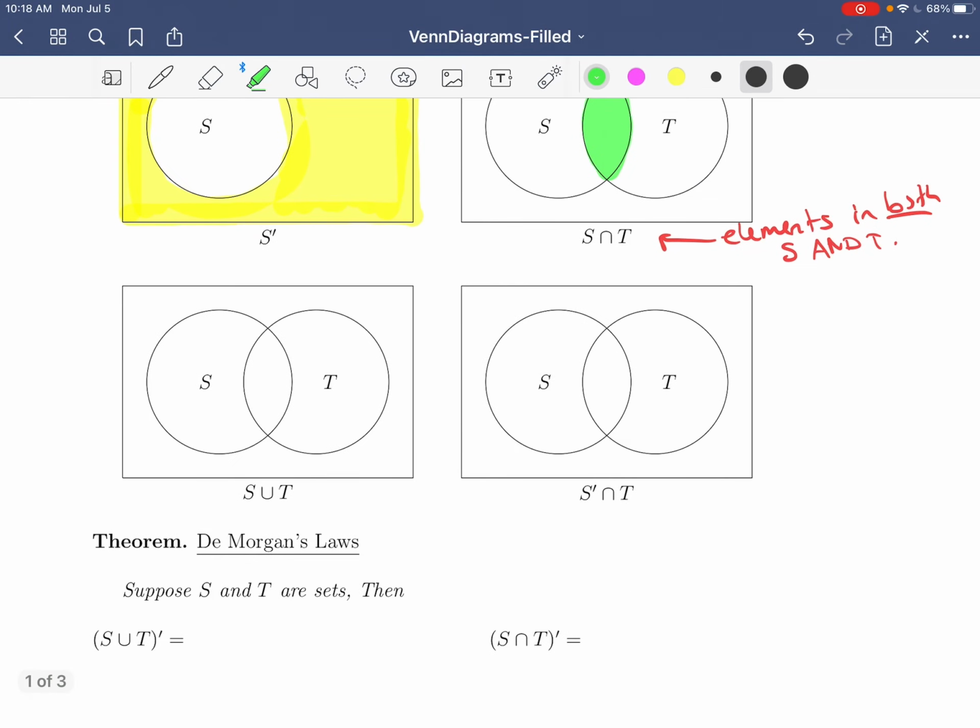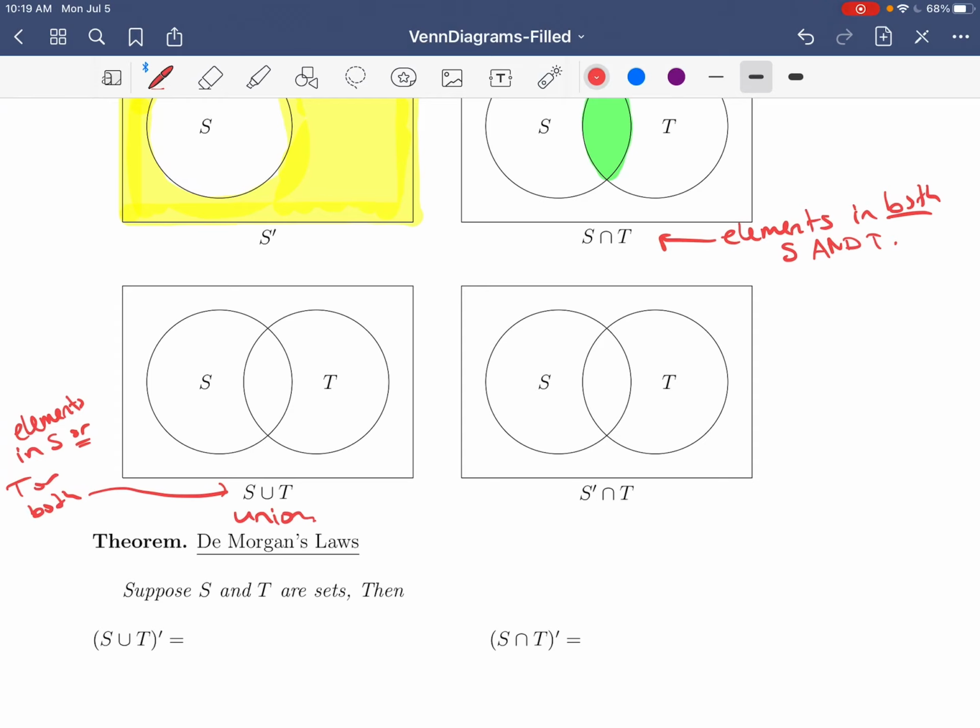Now if we go down to the next one, what about S union T? So this is elements in S or T or both, right? Because it's the union.